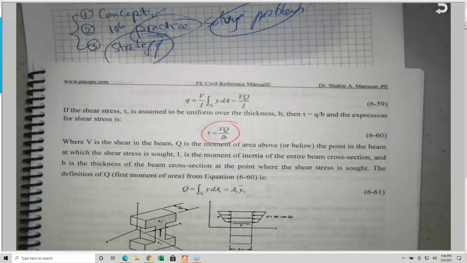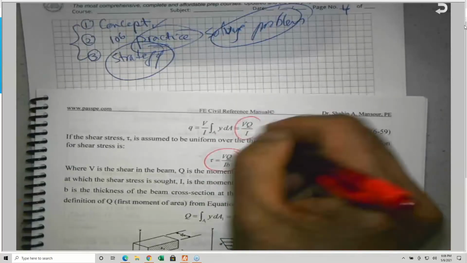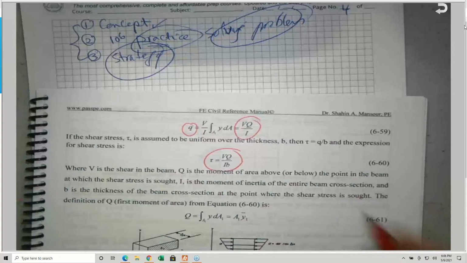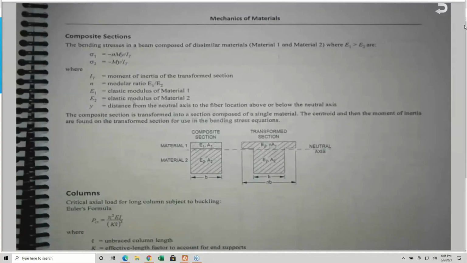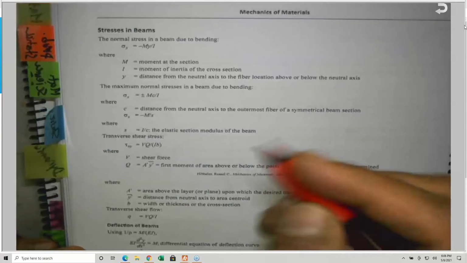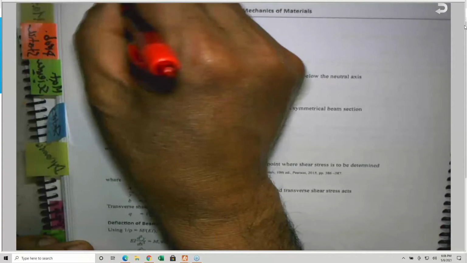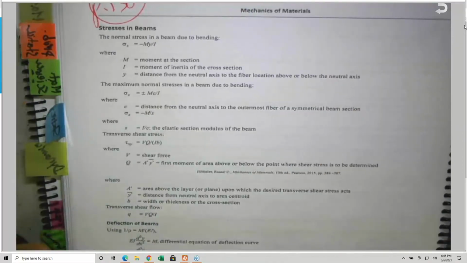This is the first equation. And this is, by the way, the shear flow, which is given in the NCEES. Let me move to the second page here. So this is on page 136. I will try to do my best to show you exactly where these equations are.